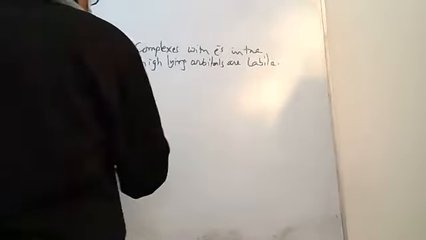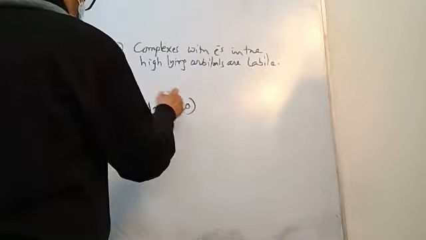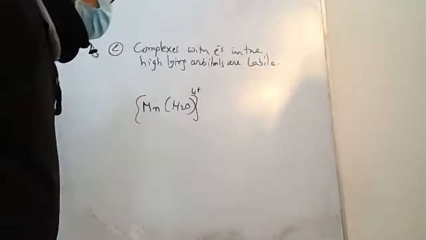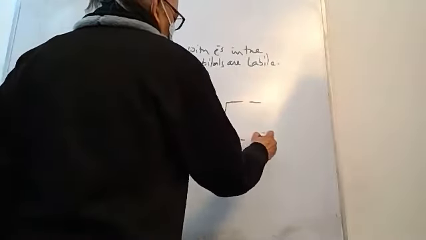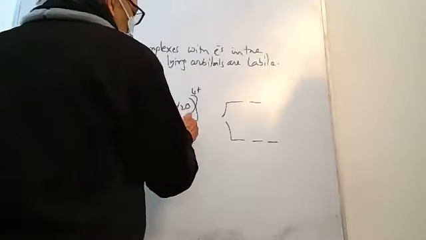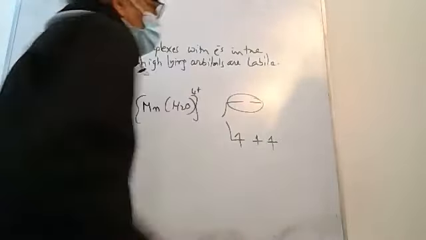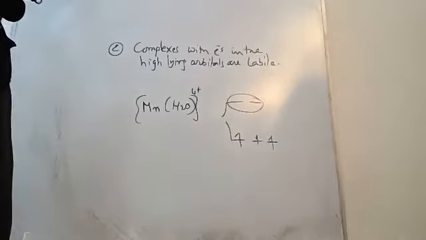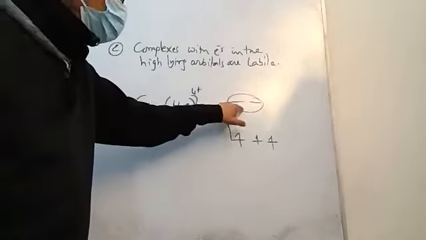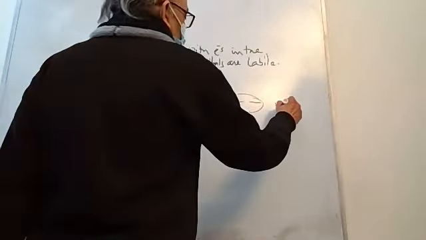So for example, if I have manganese 4+, when you look at the crystal field splitting, in manganese 4+ it's a 3d3. You have electrons in the low-lying orbitals, but you have none in the high-lying orbitals. If you have electrons in the high-lying orbitals, it becomes labile. If you have no electrons there, this becomes inert.